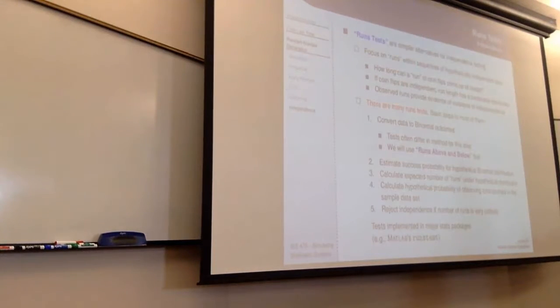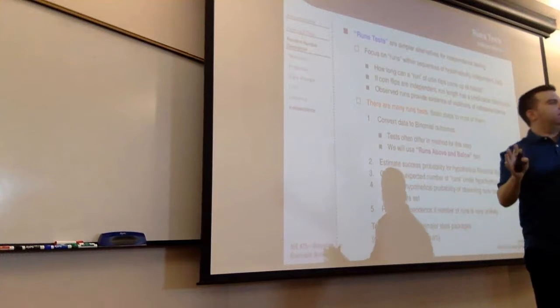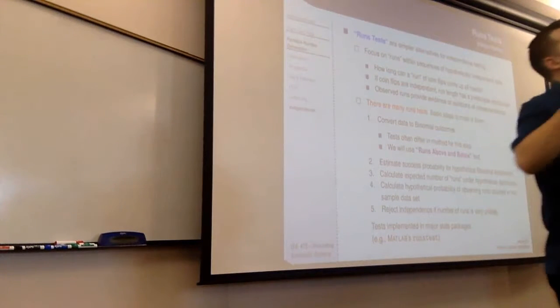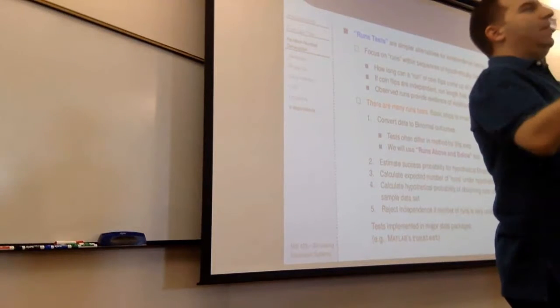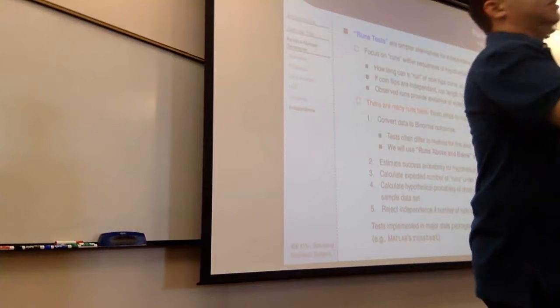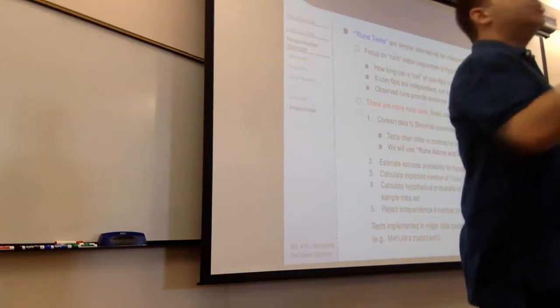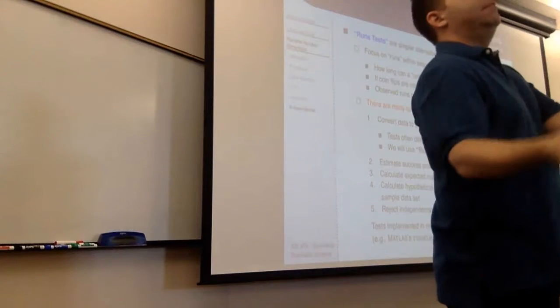So you are going to use a different type of test called a runs test. The idea behind a runs test is you say, if these data were independent, then how many consecutive samples would we expect to share some property? And usually we define that property as, for example, being above the mean.